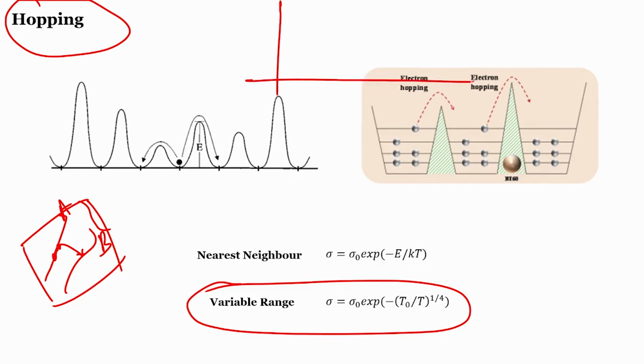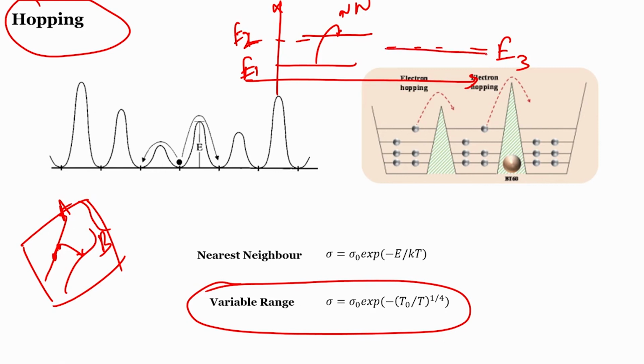So if we draw the same diagram, if this was the energy E2 and this was energy E1, then the jump made from here to here is nearest neighbor, and let us say there is an intermediate energy level, let us say this is E3, which is available because it is a disordered system. In a single space, energy domains can lie even within the forbidden zone. So let us say I have energy level E3 and my electron is still here. This jump is not possible because I don't have this temperature with me.